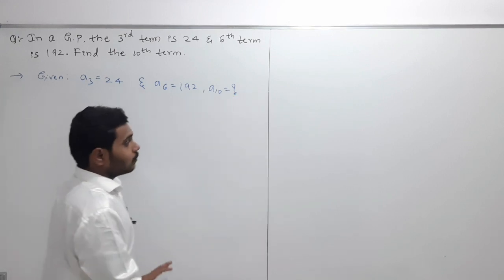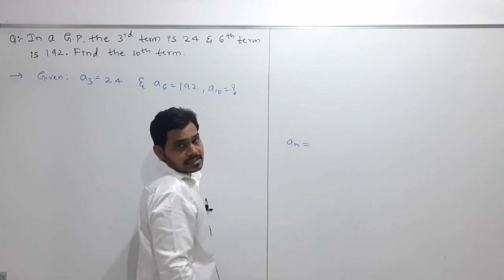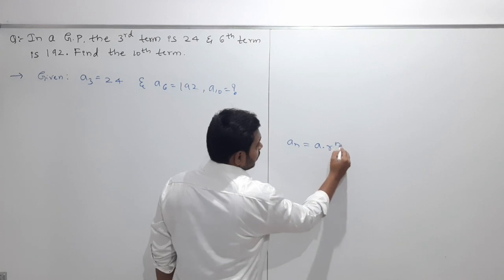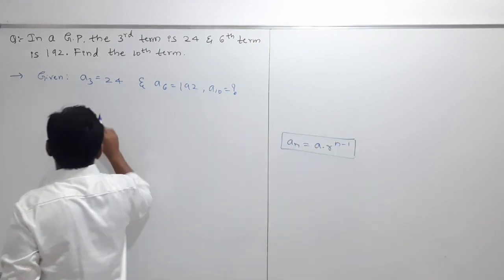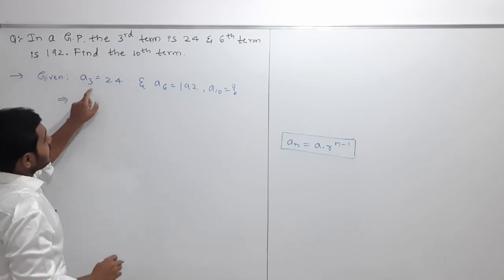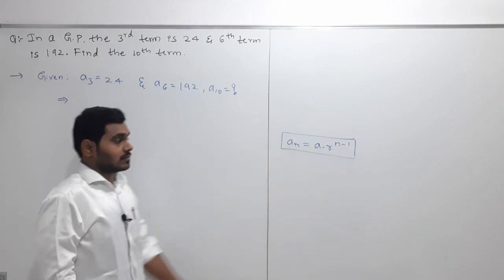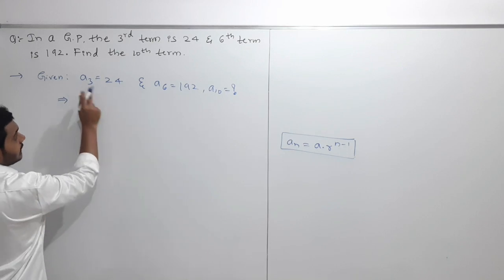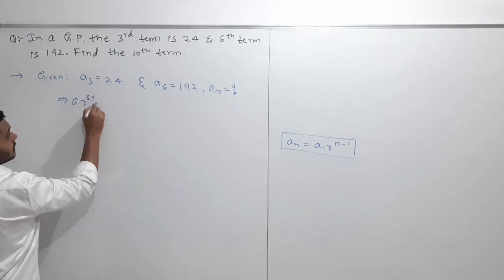Clear? And we know that the nth term of a GP can be calculated by using the formula a into r to the power n minus 1. So a3 means a into r to the power n minus 1, and a3 is equal to 24. a3 can be written as a into r to the power 3 minus 1.